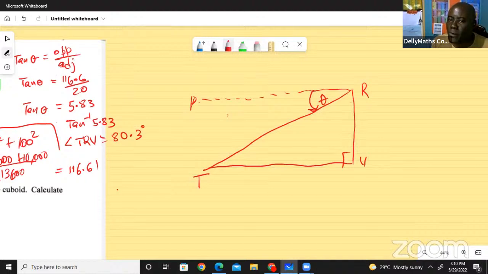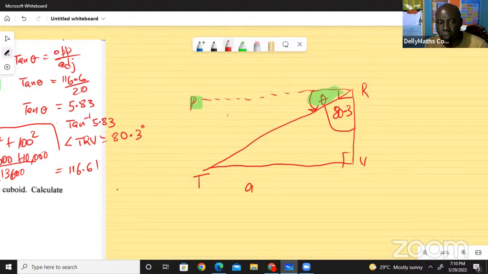Remember though, we just found this to be 80.3. We found this to be 80.3. And I wanted to understand that this is also 90. So it came down, a little 9.7 right there, because everything there would be 90. I want to understand that it was originally here, and then you walk it down here, created an angle here. And that's the angle you're asking for right there.